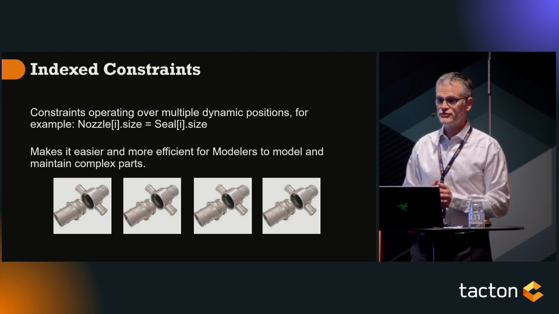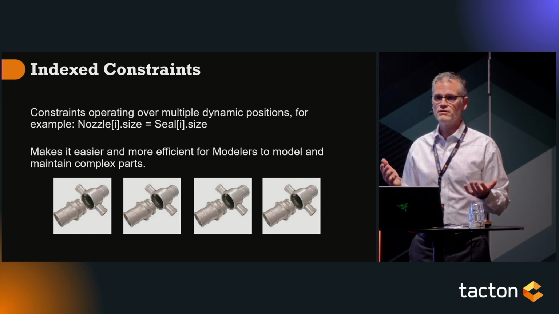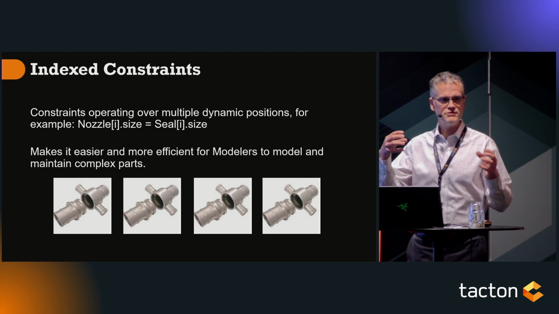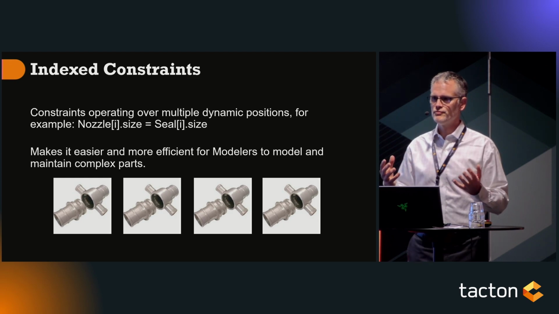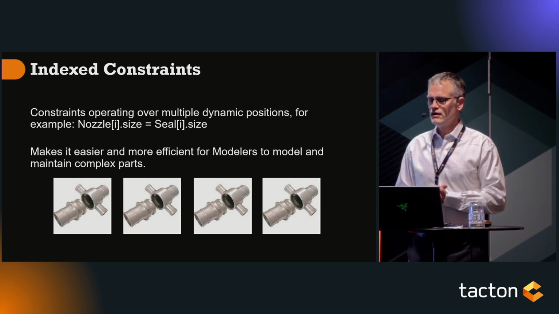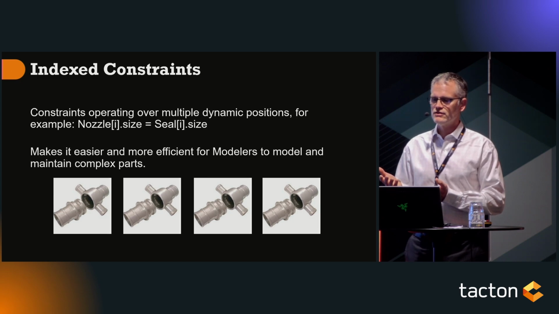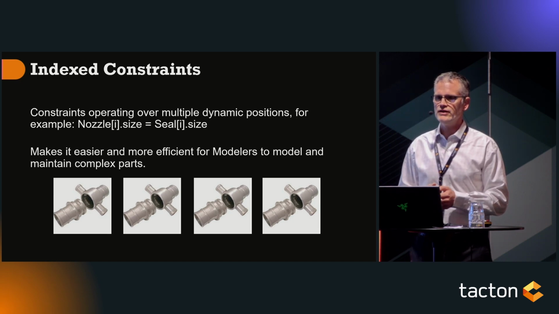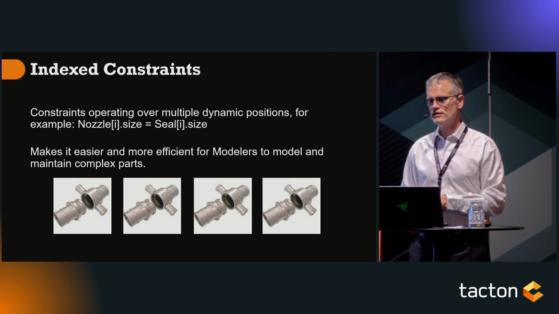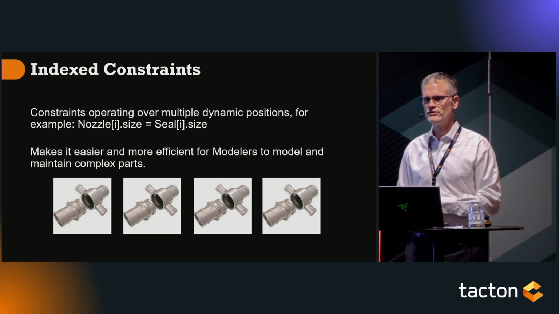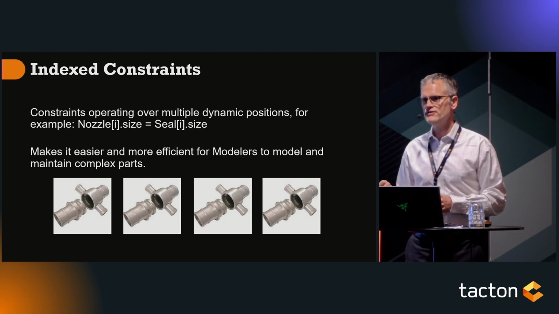With index constraints, we can describe it with one constraint, saying that the size of the two has to match for each position. Accomplishing this with normal constraints is very hard, time-consuming and difficult to maintain. But with index constraints, it's fast and easy to maintain.